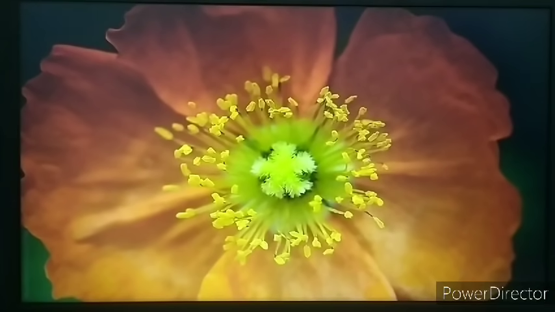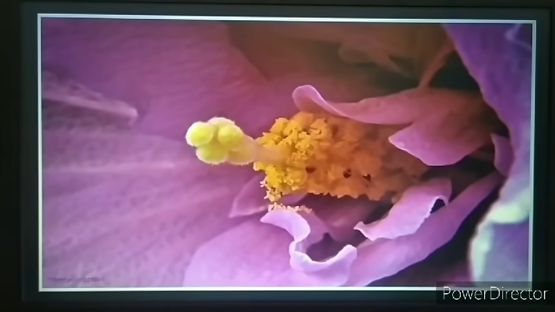And in this second flower, can you guess which is the stamen and which is the pistil? Yes, the yellowish part which is visible is the stamen composed of pollen grains, and the center whitish part is the pistil.